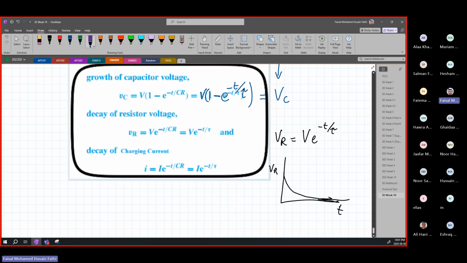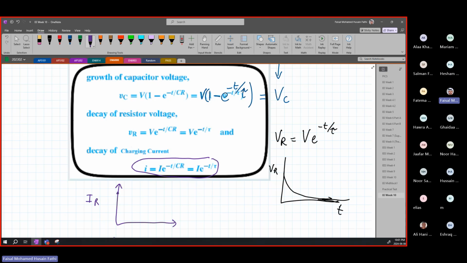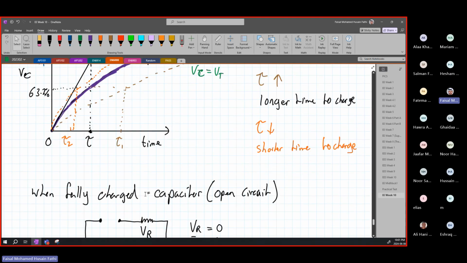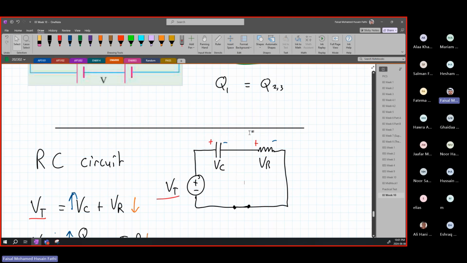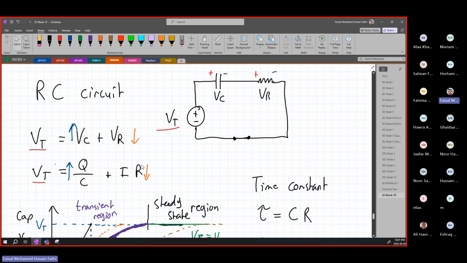And the last equation is for the current of the resistor as well. Same exact idea as the voltage. It starts with full current going through it. Then at the very starting point, we said we have no charge across VC, so the current here is going to be at its highest. Meaning there is not going to be a Q value. The resistor is a constant, but current is not.